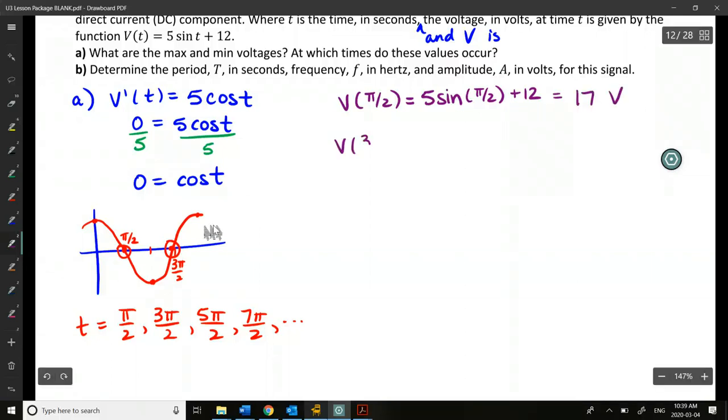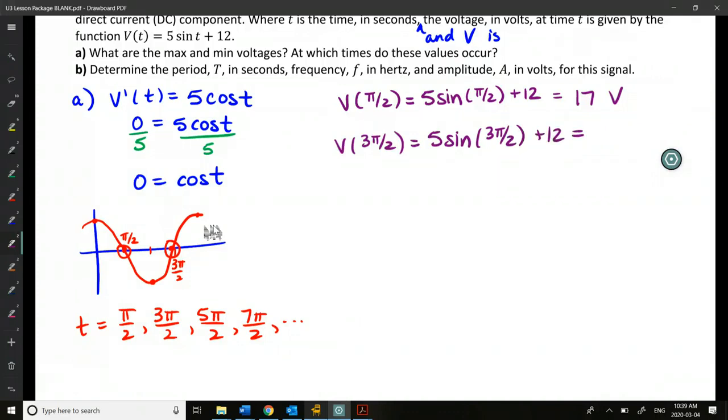Let's try 3 pi over 2. What'd you guys get? You should get 7 volts.